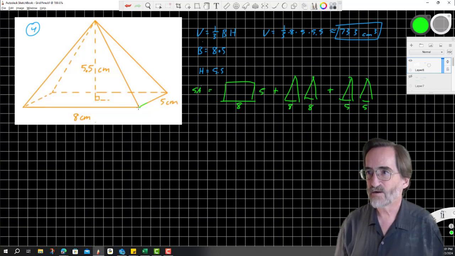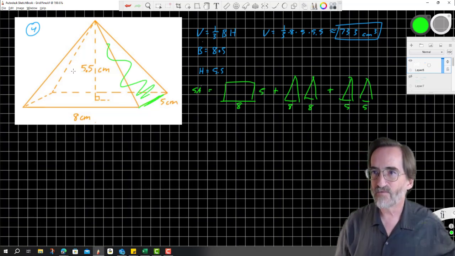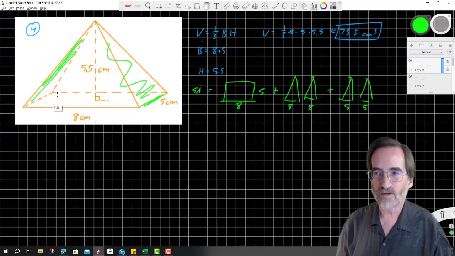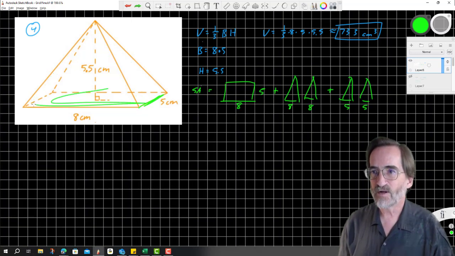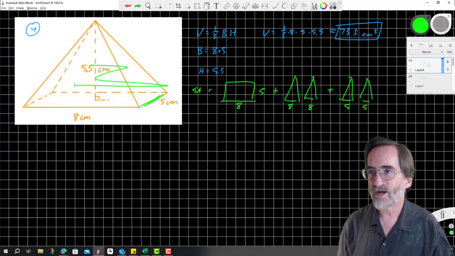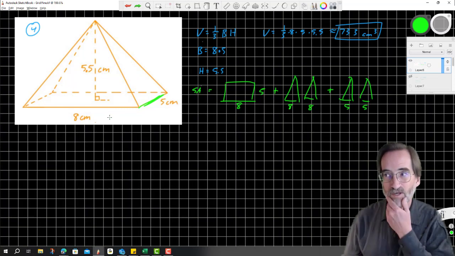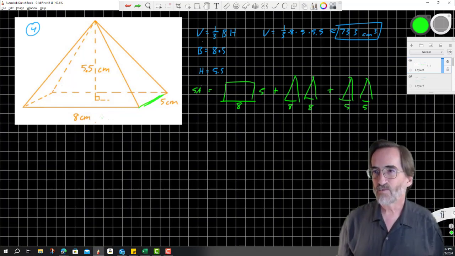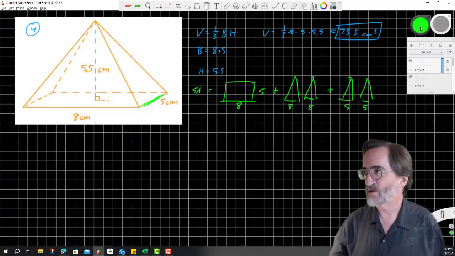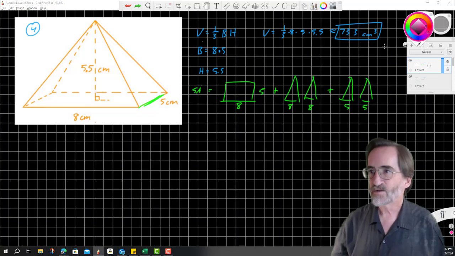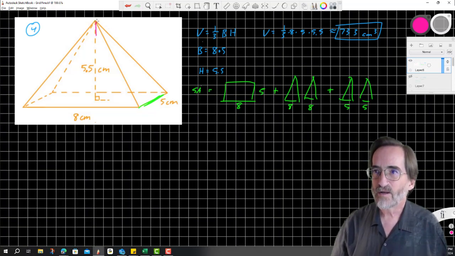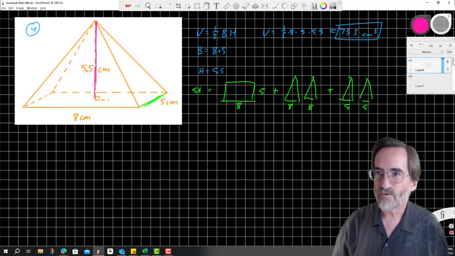You notice the base of the right-hand triangle is 5, and the base of the left-hand triangle is 5. The base of the front triangle is 8, and the base of the back triangle is 8. They are different triangles. Okay, so we need to figure out their heights. All right, so let me change colors one more time here. Let's go with pink. Okay, so one is to consult this right triangle right here.